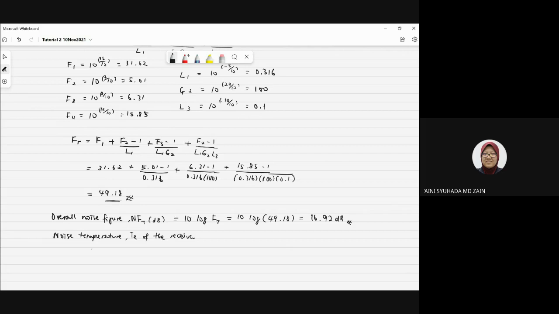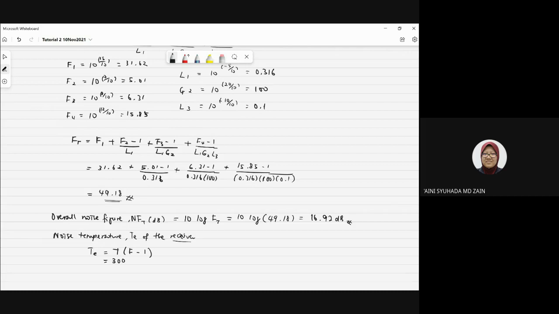Okay, so the noise temperature basically is given by this, where your F here is your FT, for the system. Since it asks on the noise temperature of the receiver part, which means the whole receiver system, the T here is the one that we used in the previous question, 300.